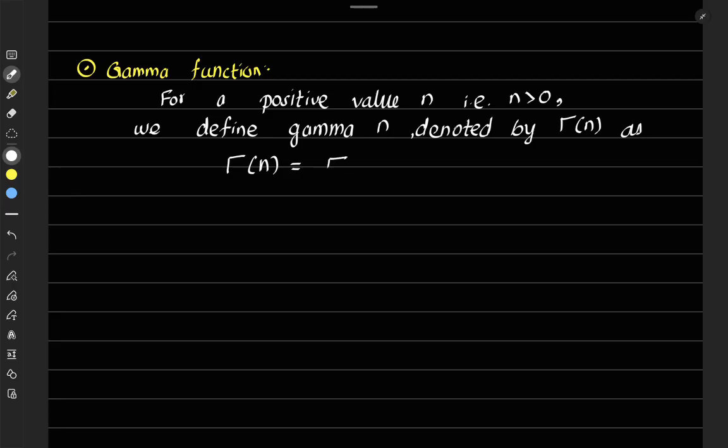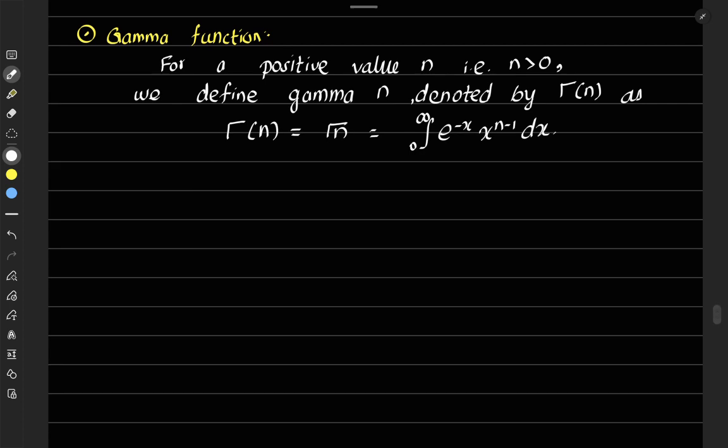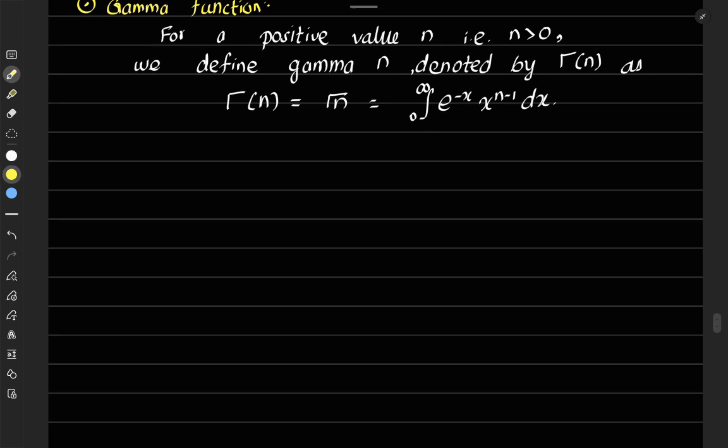Sometimes we also write it like this, gamma of n, and it will be defined by the integral from 0 to infinity of e to the power minus x, x to the power n minus 1, dx. So we will just discuss some important properties of the gamma function.